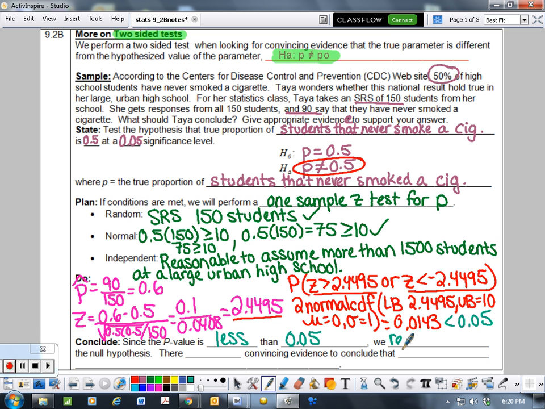We reject the null, which means that there is convincing evidence to conclude that the proportion of students that have never smoked a cigarette is not 0.5.